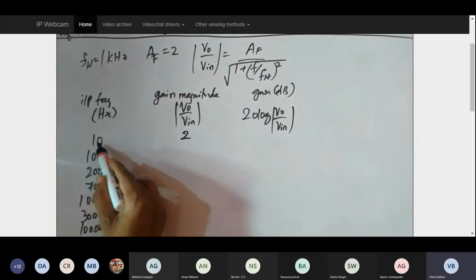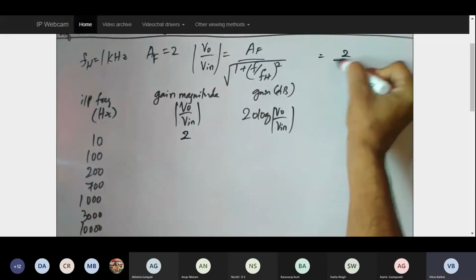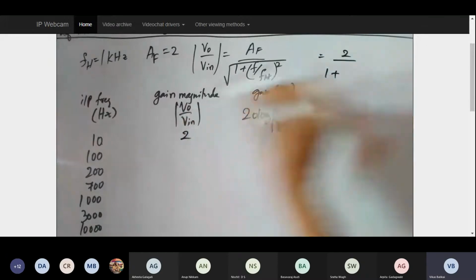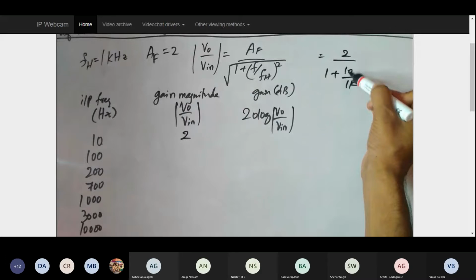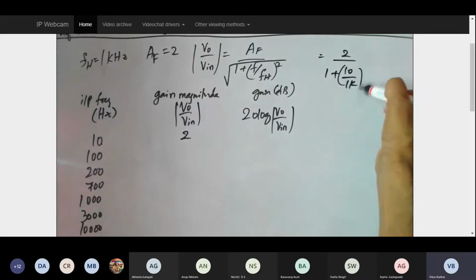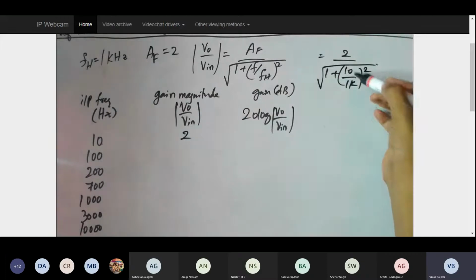Let's say AF is equal to 2 divided by 1 plus F, which is 10, divided by FH, which is 1 kilohertz. 10 by 1k will be 0.01. 0.01 square will be even less, 0.0001.